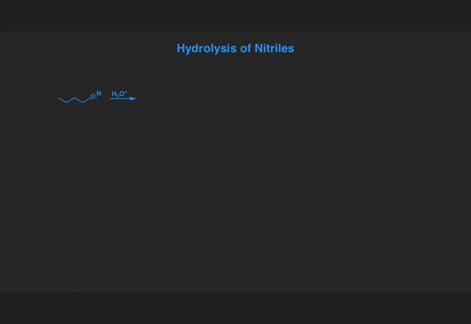Nitriles are a carboxylic acid derivative that it's sometimes hard to see. But carboxylic acid derivatives get their names because you can hydrolyze them to form a carboxylic acid. And in fact, a nitrile can be hydrolyzed under acidic conditions to form a carboxylic acid.